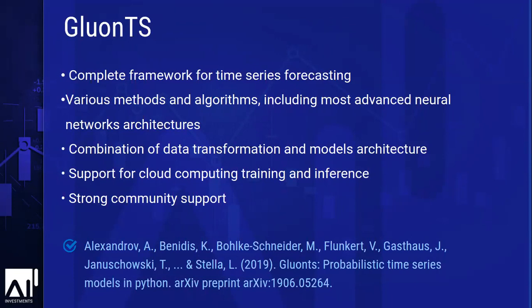It includes various machine learning methods and algorithms, and is constructed in a very interesting way. I will show that on the next slide. It has very strong community support, and it is also supported by the cloud computing providers, both GCP and AWS.